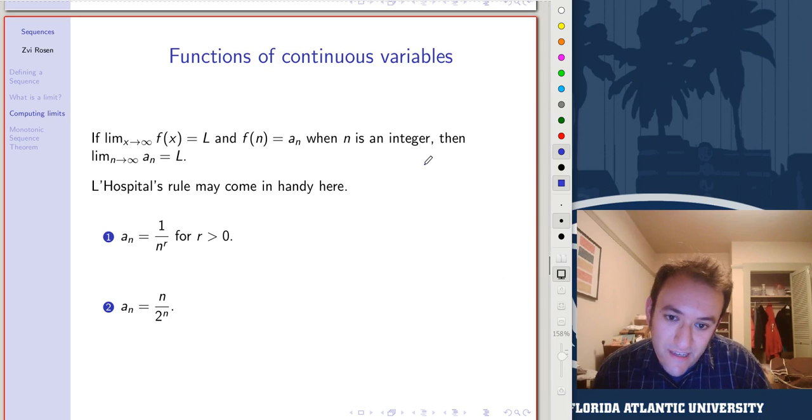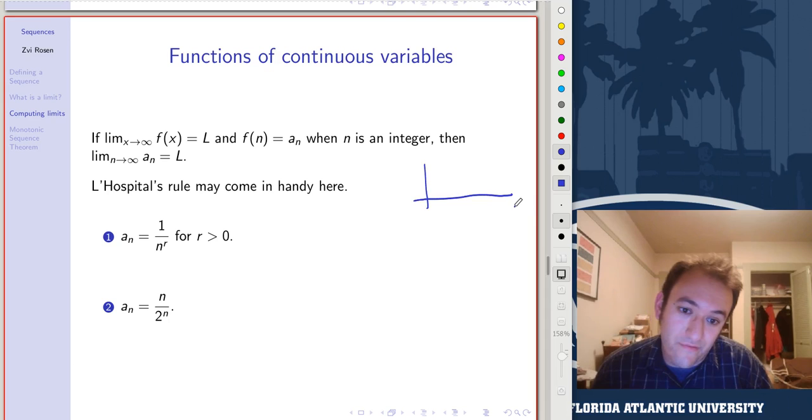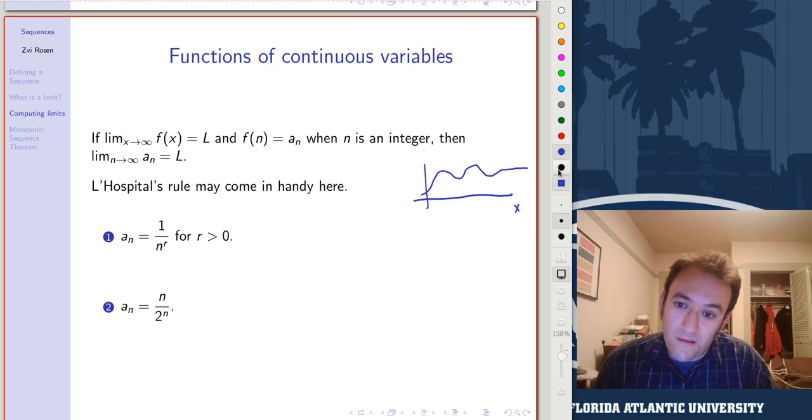Okay, so the idea here is, let's say you have your x-axis, and here's your function f of x, and it eventually approaches a limit. What we're saying is, let's say you just take the integer values of this, and that's your sequence.